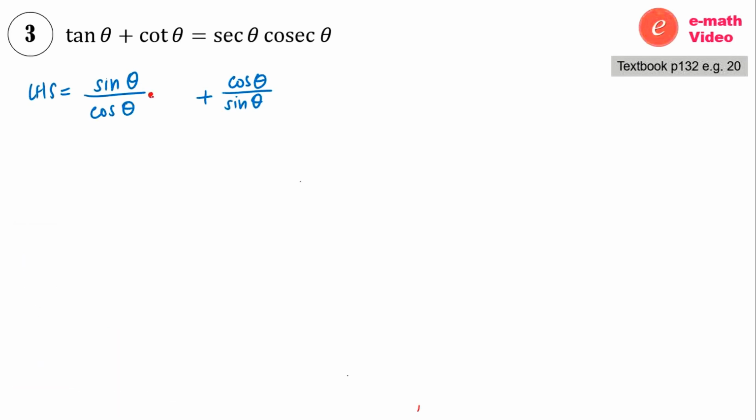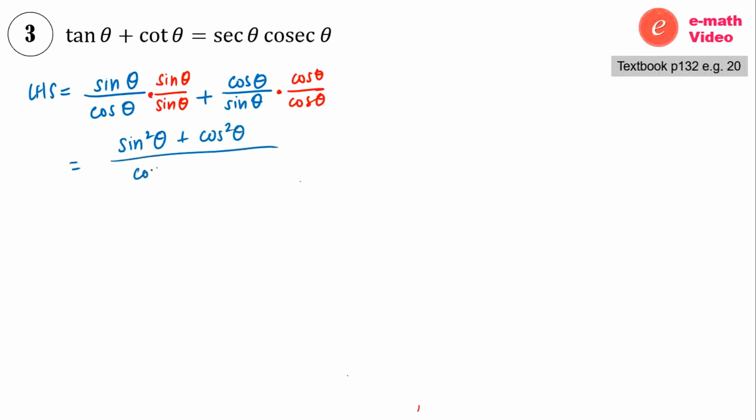So multiply this fraction here by sine theta over sine theta, and here multiply by cos theta over cos theta. Then sine theta times sine theta is sine square theta. Cos theta times cos theta is cos square theta, over cos theta sine theta.